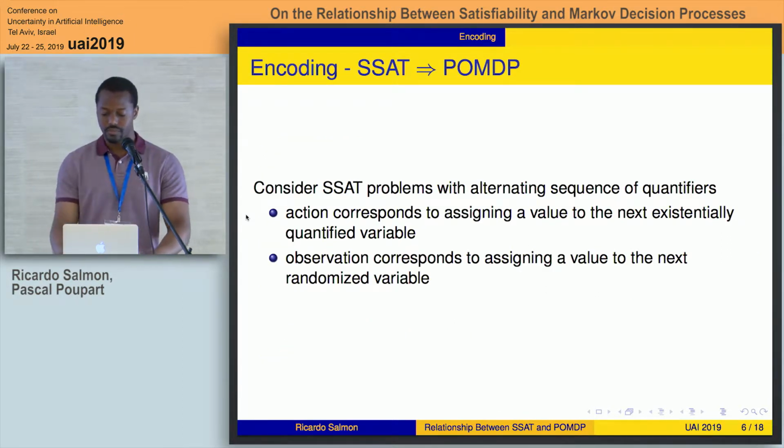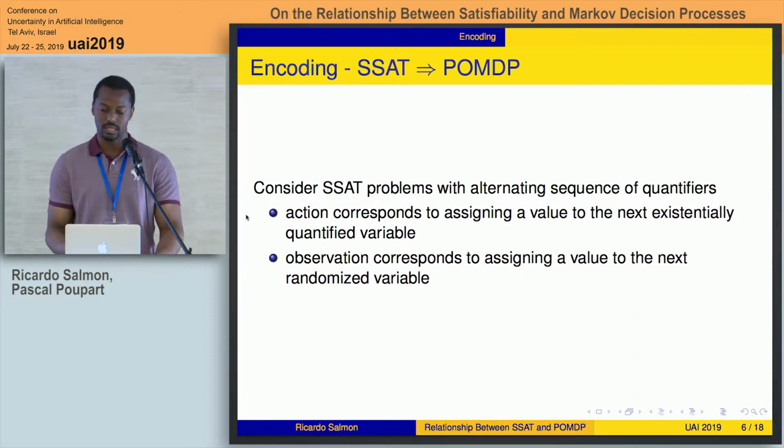What motivates my work is trying to encode POMDPs as stochastic SAT, since they're in the same complexity class. So the idea here is, given a stochastic SAT problem, how do we encode it as a POMDP?